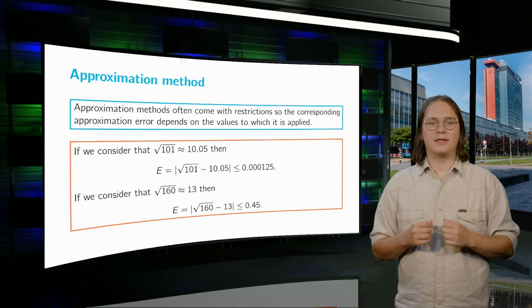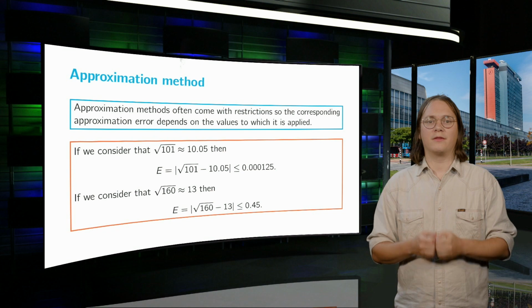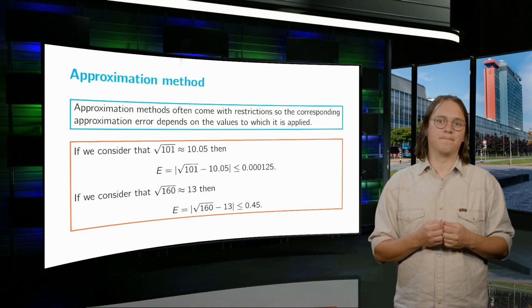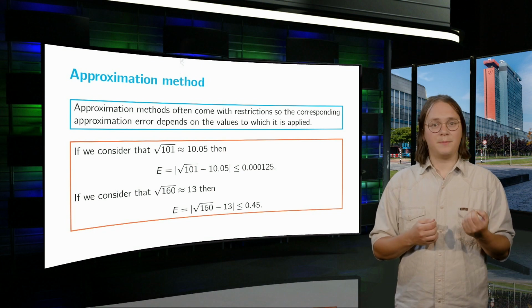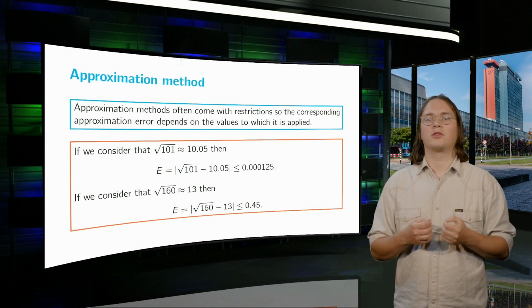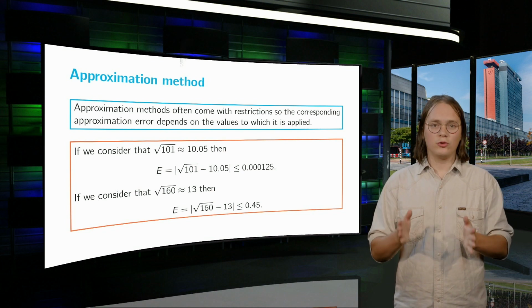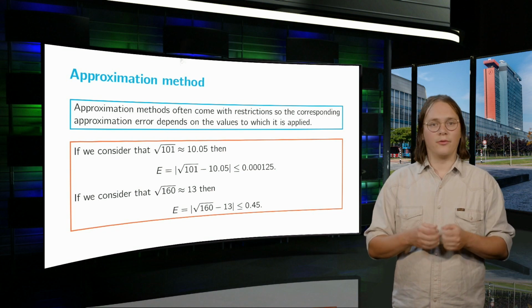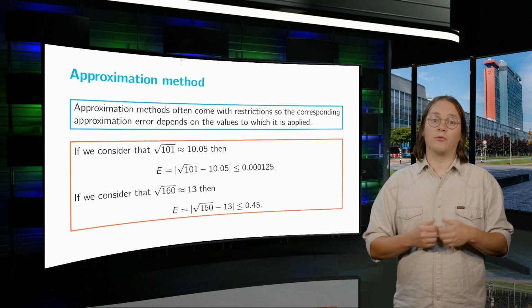So we see that this technique does not really work to approximate the square root of 160. This is because the technique only works to approximate the square root of numbers close to 100. The further we go away from 100, the worse the approximation will be.